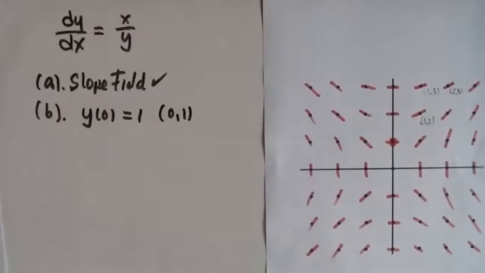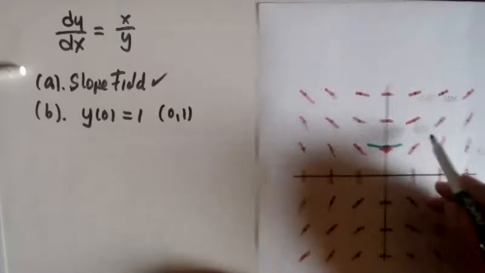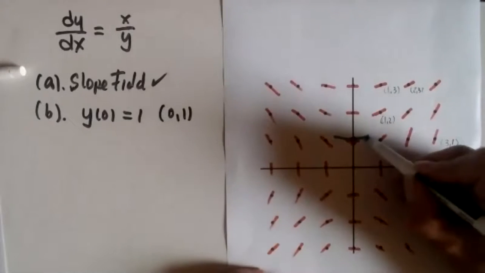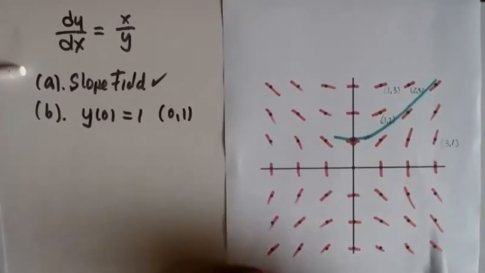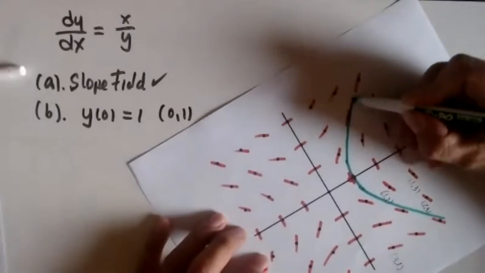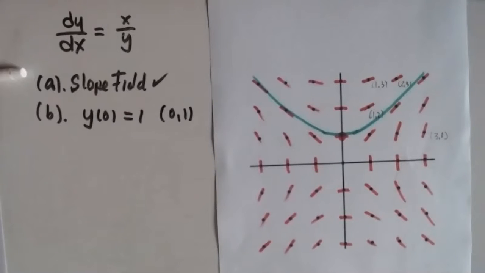That's my point, so my solution has to touch this point right here, and we have to follow only the slope field. It looks like it's going to do something like this, right? It cannot cross in this direction. And on the other side, you're going to do pretty much the same. So that is pretty much the sketch of the solution passing through (0, 1).